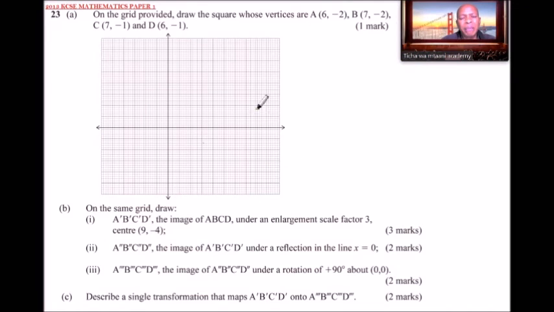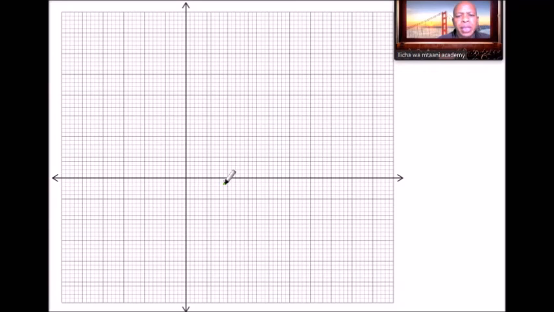But those are the properties that we are going to follow. So we are going to start with enlargement, linear scale factor 3, and we have a center of enlargement at (9, -4). I've just enlarged the grid so that it can be visible.